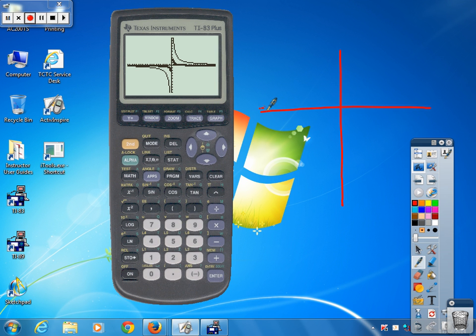One over x looks like that. No, sorry, it's the wrong side again. Now, if you pull it this way, what will it do?